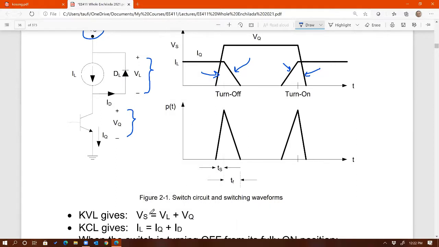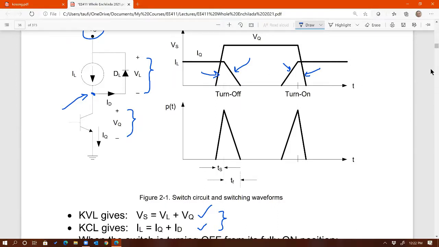KVL states that supply voltage should be equal to VL, the load voltage, plus the switch voltage, VQ. And KCL should give us load current IL equals IQ plus ID, if you look at that node. Any question on this KCL, KVL first? That should be easy to understand, right? Any questions? Okay.